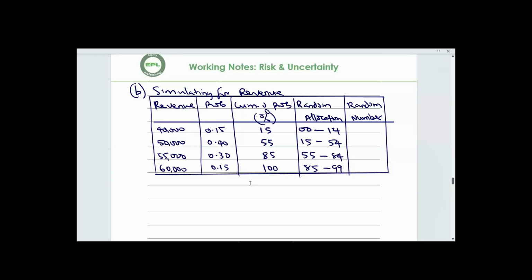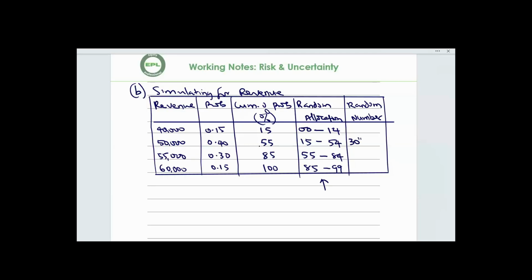I will then go to the question. The random number given to me for revenue, what do you have? Which figure do you have for random number under revenue? 30. So you now look at your random allocation within the range. Where do you have 30? 30 will fall here.